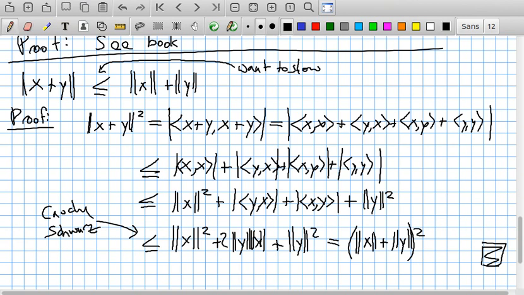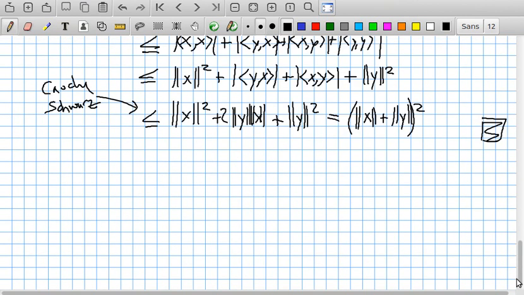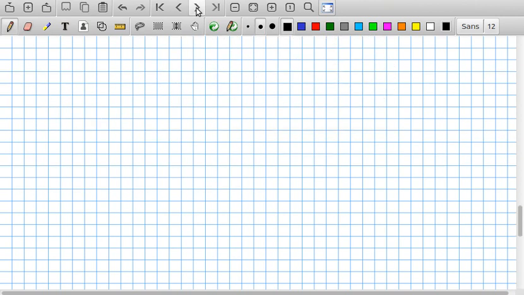So let's go back now and talk about this optimization problem that we're trying to solve here. Remember, we're trying to solve Ax equals b, but we can't actually solve this.